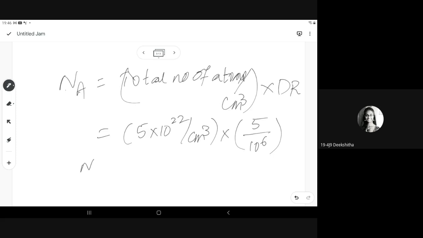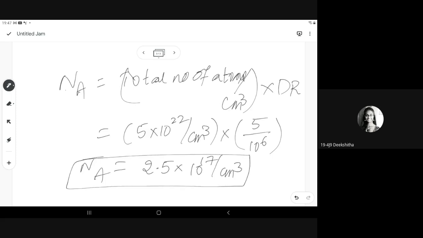So tell me what is the acceptor ion concentration? Na is equal to 2.5 into 10 power 17. 5 times 5 is 25, so 2.5 into 10 power 22 minus 6, that is 10 power 17 atoms per centimeter cube. So this is the acceptor ion concentration.